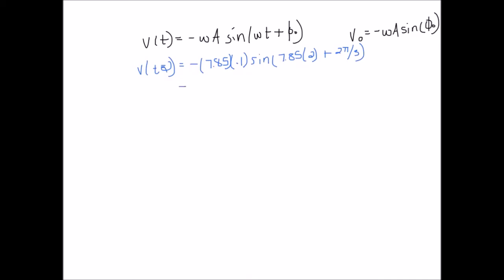When I plug all of that information in, I'm going to get a positive 6.68 meters per second. Again, this is my velocity at t equal to 2 seconds. Because this is a positive value, this means we are moving to the right.